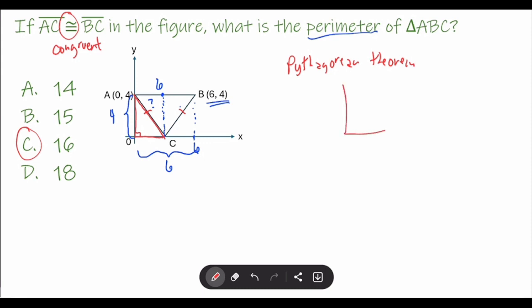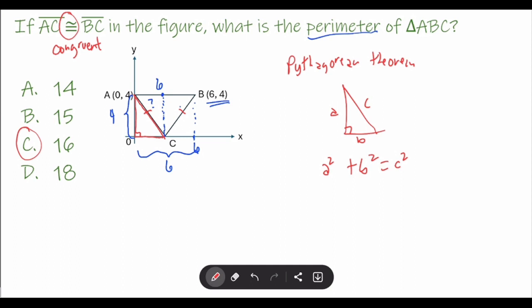In a right triangle, if these are a and b and the hypotenuse is c, with the right angle here, then a squared plus b squared equals c squared. In our problem, a is 4.